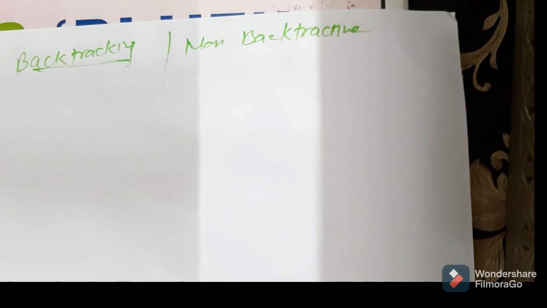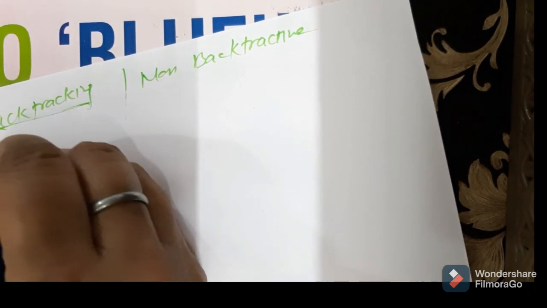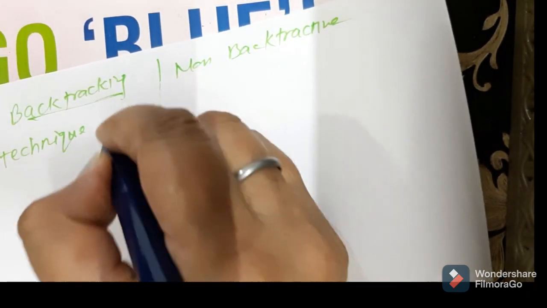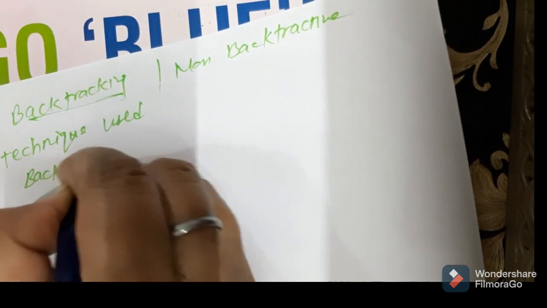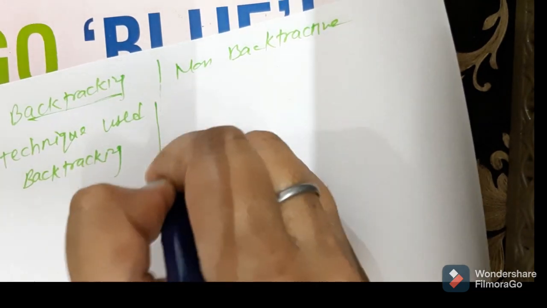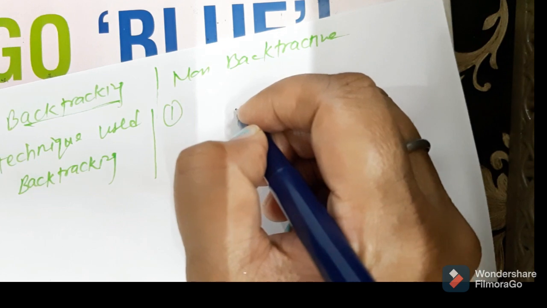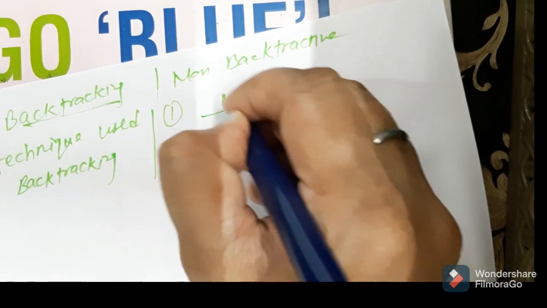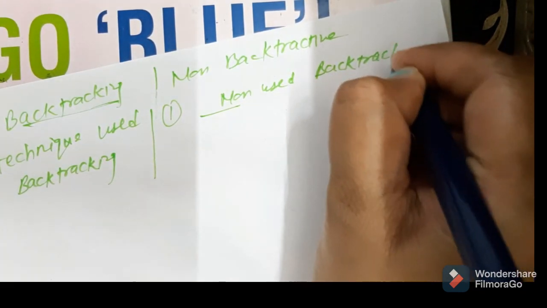As we know very well, a backtracking parser uses a technique which is based on backtracking, as we have studied in data structures. And this type of parser does not use backtracking, that's why it is efficient.